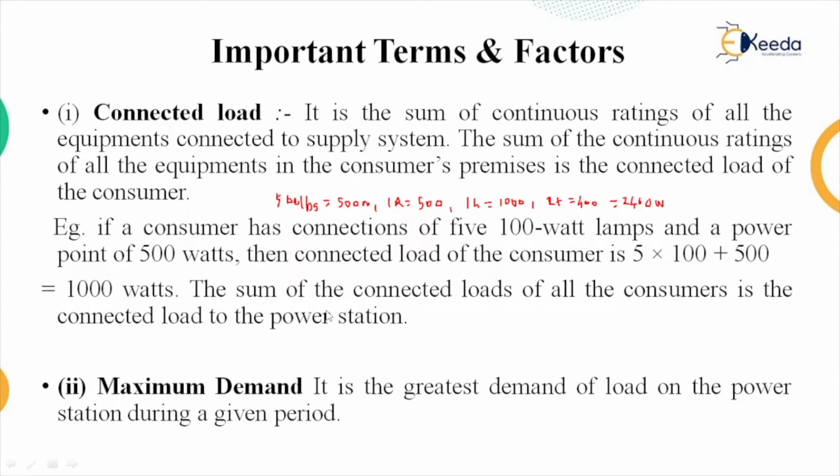Then the sum of the connected loads of all the consumers is the connected load to the power station. If we sum all the loads of all the consumers, whether commercial, residential or industrial, it is the connected load to the power station.